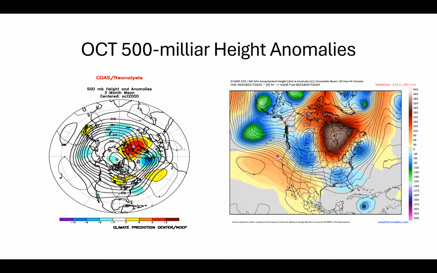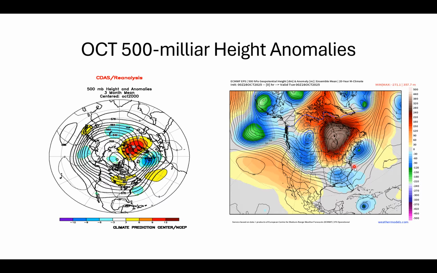What's happening here primarily, I just took a snapshot from the 28th of October, and we see below normal heights generally across the north central Pacific. We do see above normal heights in a similar location, not as strong back in October 2000 across southern Canada and Hudson Bay, much stronger here in late October, this October of 2025, right from south central Canada up through Hudson Bay, but in a similar position if you compare October 2000 versus October 2025.